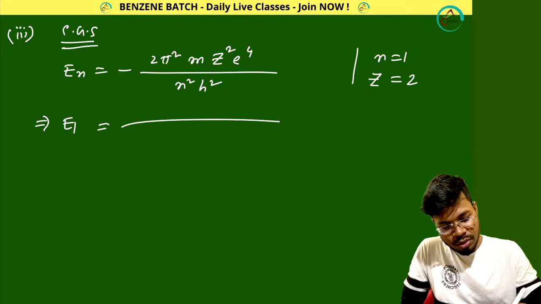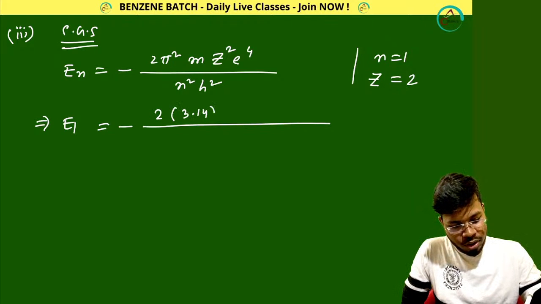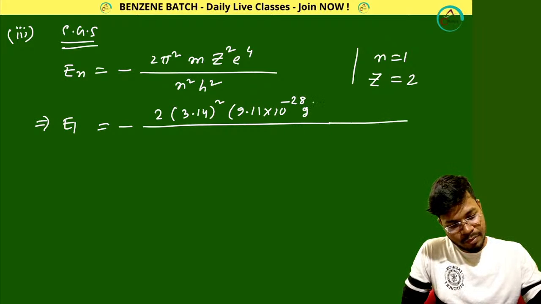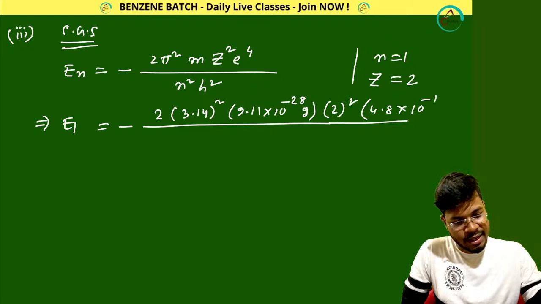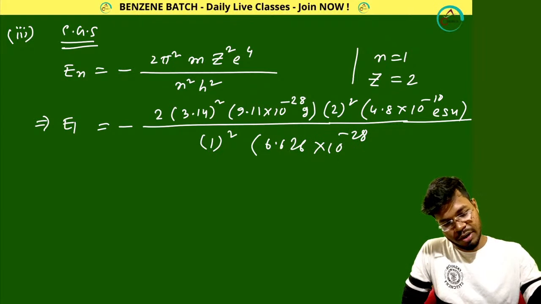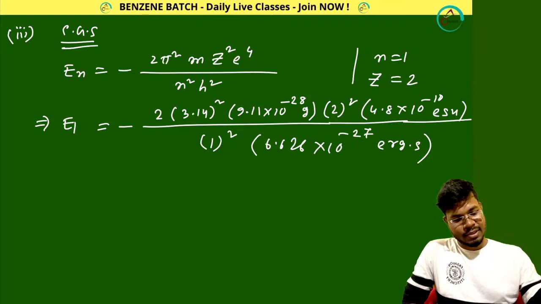E1 will be equal to, negative sign will be there, 3.14 square, mass of electron 9.11 into 10 to the power minus 28 gram, then z square, 2 square, e value 4.8 into 10 to the power minus 10 ESU, finally n value is 1 square, h value 6.626 into 10 to the power minus 27 erg second square.